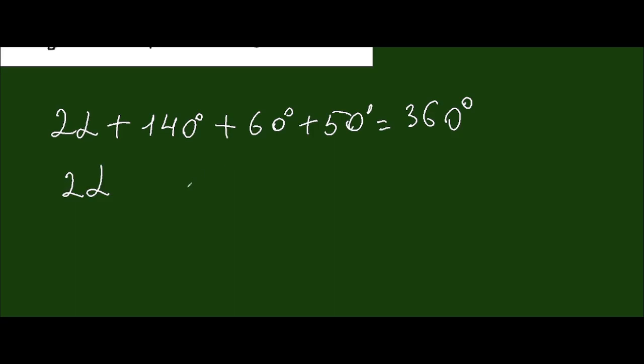From this equation, we can find 2 alpha here and the alpha. 250, and it will be 110 degrees, I guess so. And alpha will equal 55 degrees.